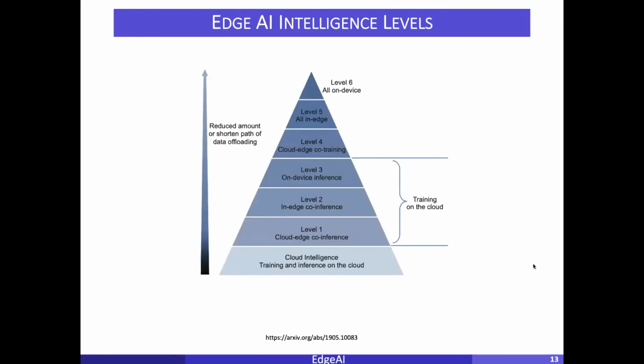And then we do have different AI engineering levels. At level 0, we have training and inference on the edge and on the cloud. Then you have edge and cloud co-inference, where you do inference with the help of cloud and edge. Then you do in-edge co-inference, and then on-device inference, and then cloud-edge co-training, and then everything you do in the edge, right?